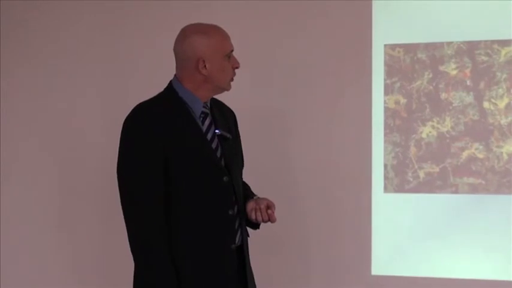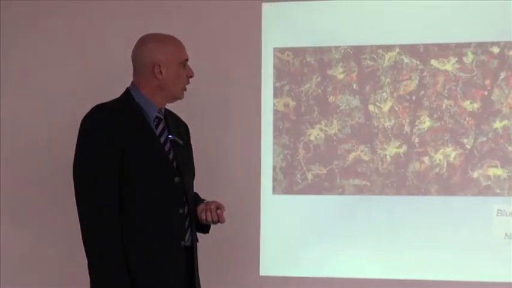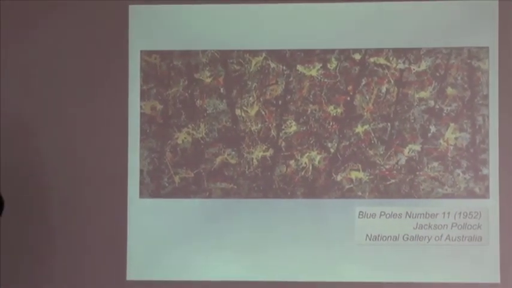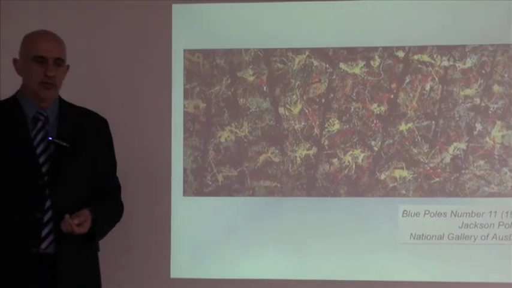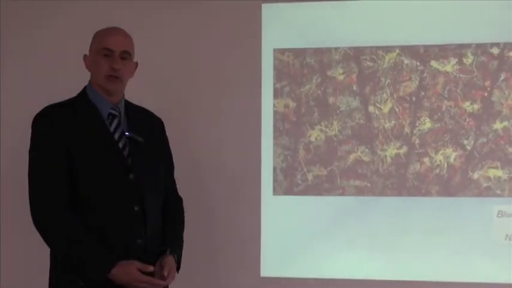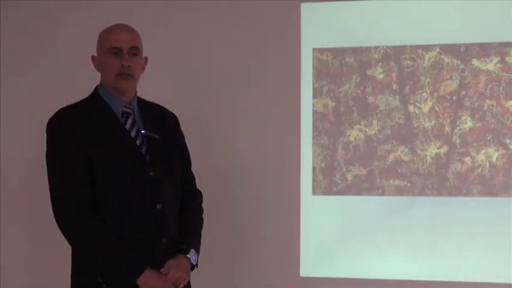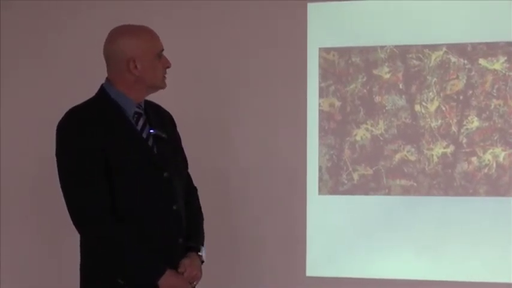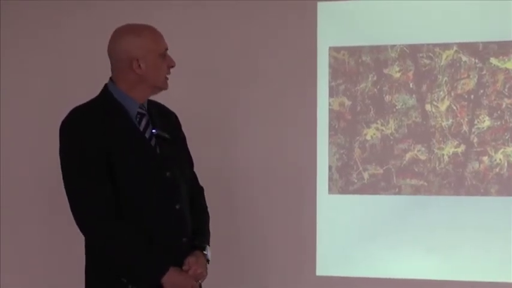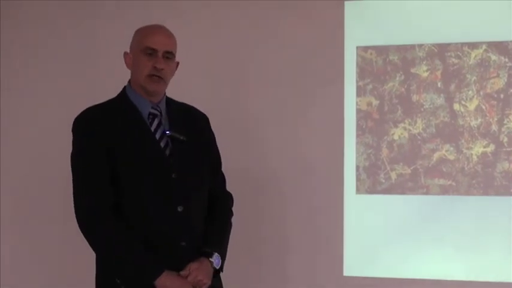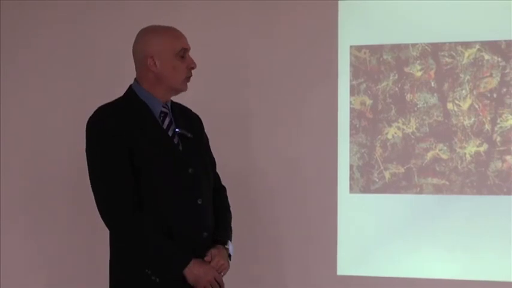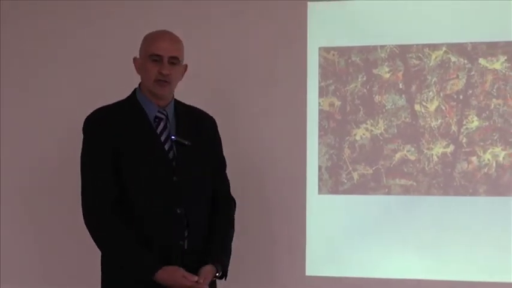And so I'll just leave you with an important image here, Blue Poles number 11 by Jackson Pollock, reputedly worth some $200 million. If you have a $200 million work of art in your collection, you want to make sure that it is housed well, that you understand the performance of the components in that particular work of art, and as you can see, it is in fact a very, very important priority for galleries and in fact for the government, because Blue Poles number 11 is owned by the Australian government.